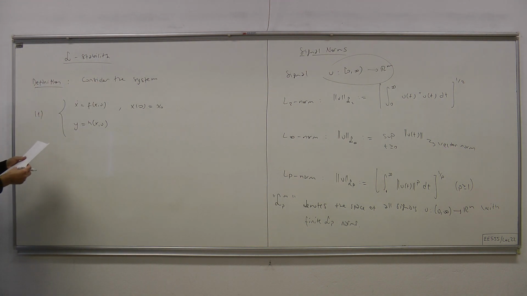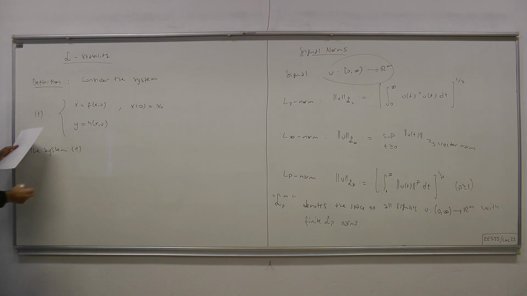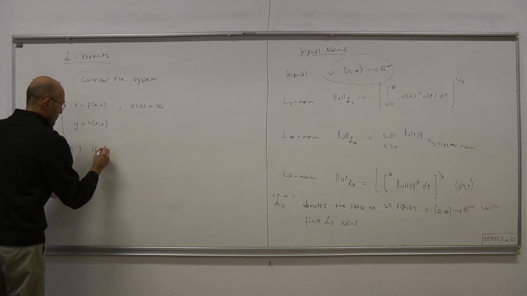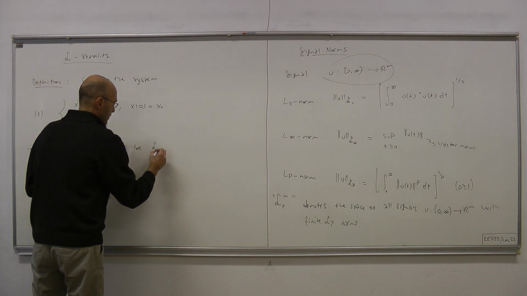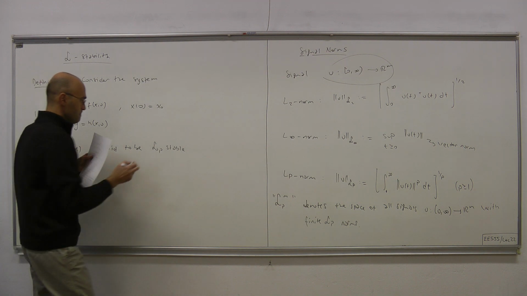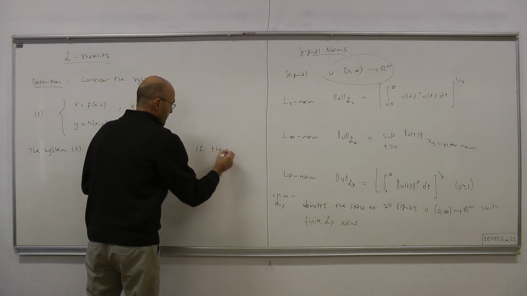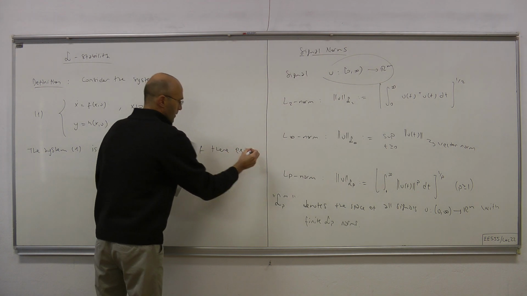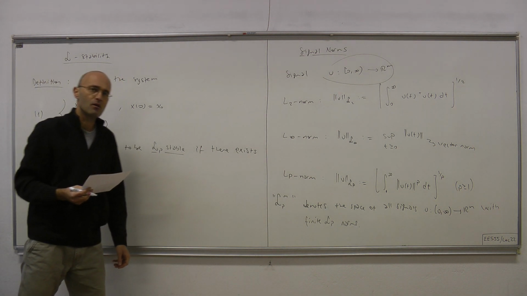Okay, so let's call this system as system 1. Now, the system is said to be Lp stable if you can find a class K function alpha, and remember what the class K function was.